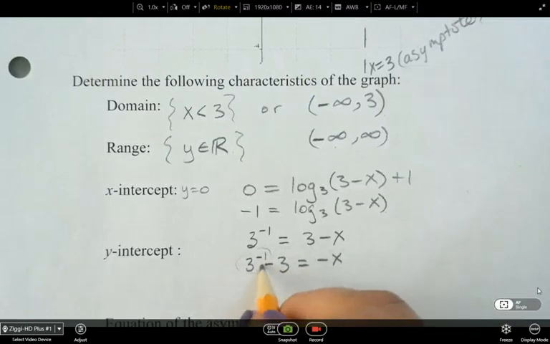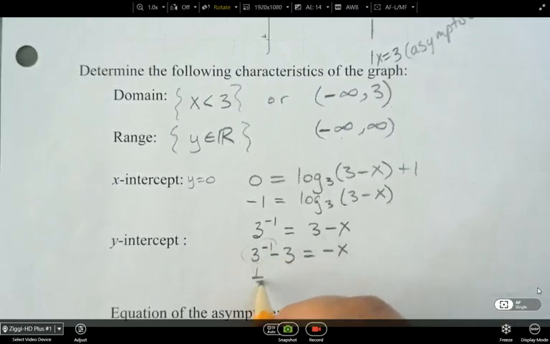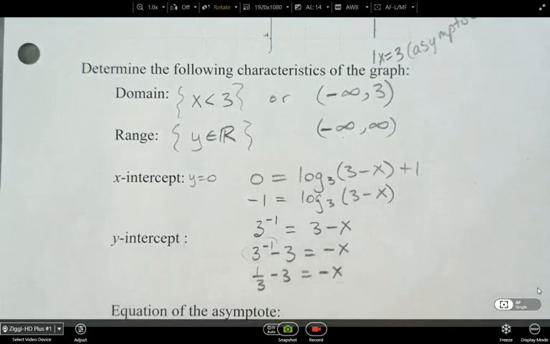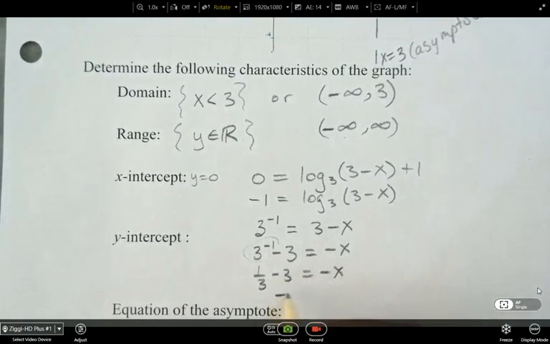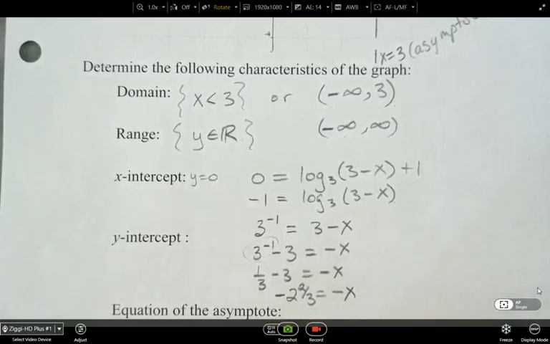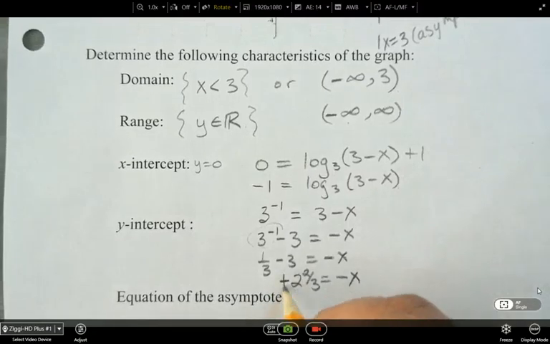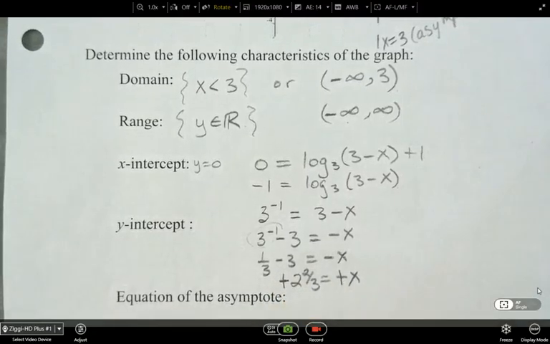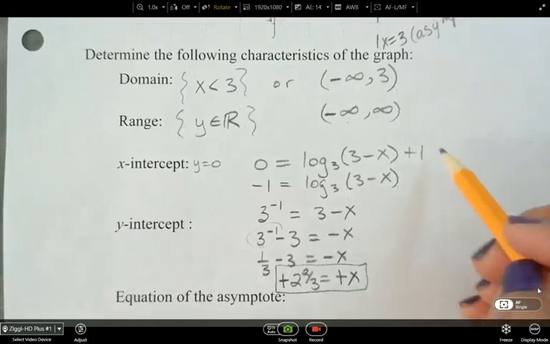So what is this here? This is 1/3 minus 3 equals negative x. So what does this become here? Negative 2 and 2/3 equals negative x. Well, can I just divide both sides by negative 1 and end up with 2 and 2/3? So that's my x-intercept.